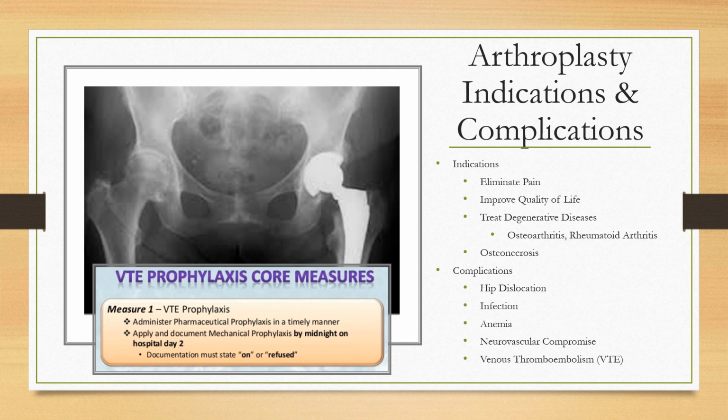So there's nerves around there that go down the leg. There's blood vessels around there that go down the leg. So we do neurovascular checks of the foot, right? Does the foot have pulses? Is it nice and warm? Does it have good normal capillary refill?